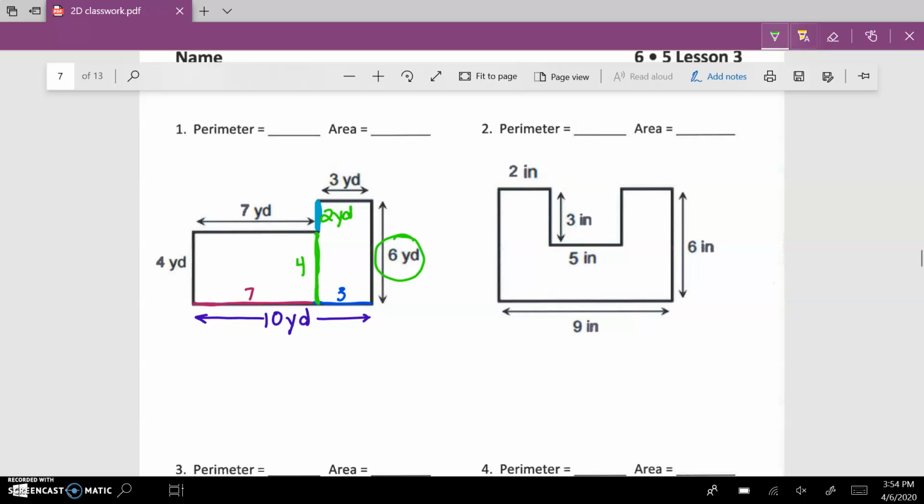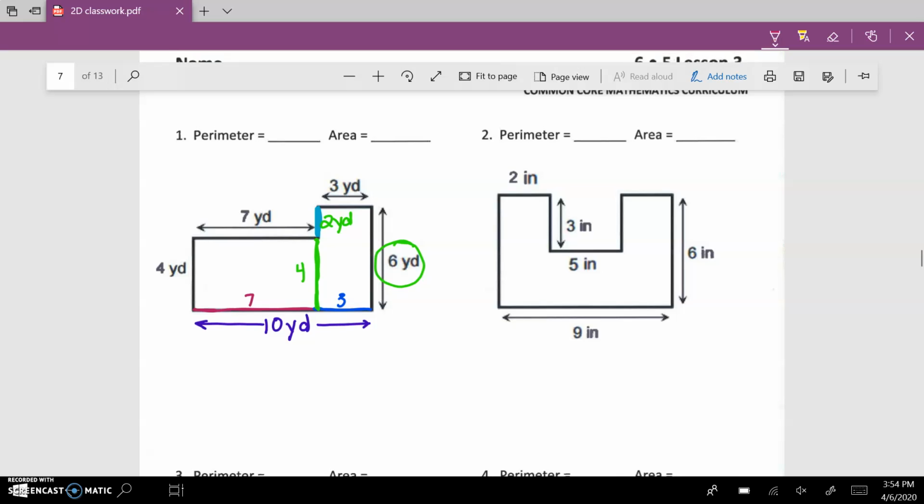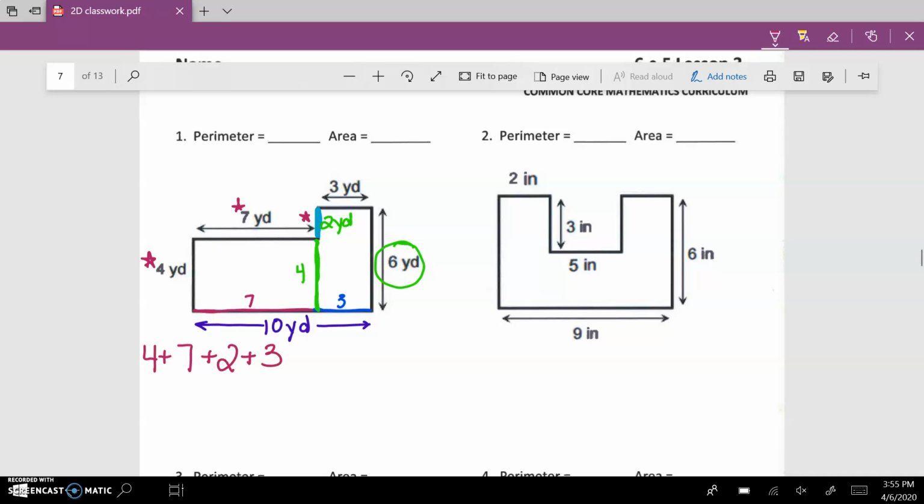Okay, so at this point, we have all of our sides labeled so we can find the perimeter. I'm going to start over here at the 4 yards. So we have 4 plus the 7 across the top, plus this 2, which is the short side here, plus 3 across the top there, plus the 6 going down, plus this 10 going across the bottom.